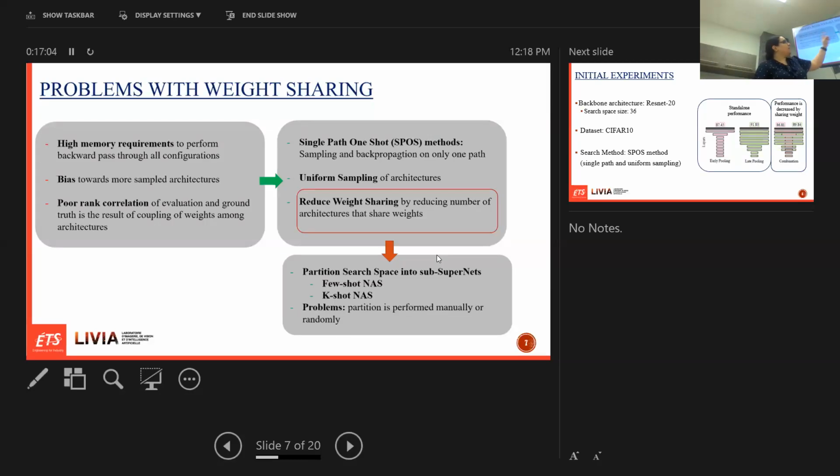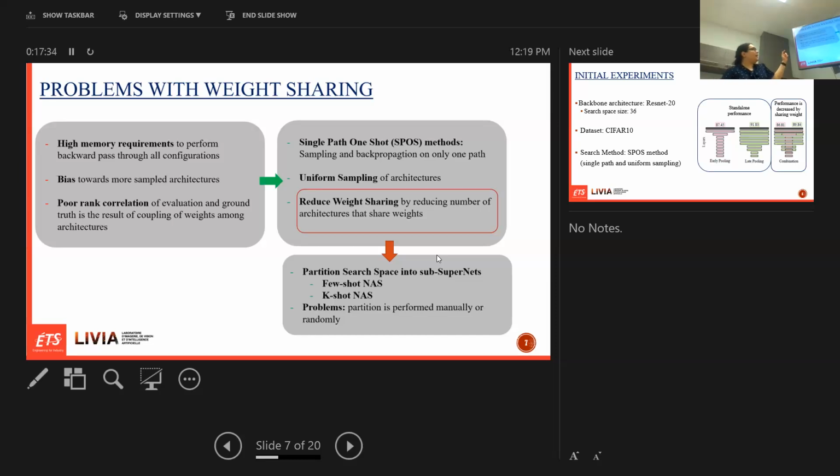One method that improves this is, instead of training the whole SuperNet at each batch, we just sample one path and do the backward pass through that one path. This is the single path one-shot method, or SPOS.